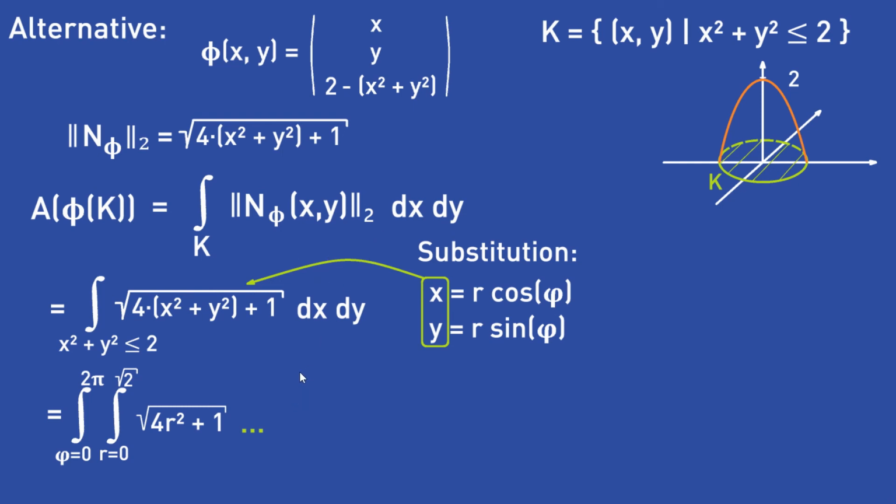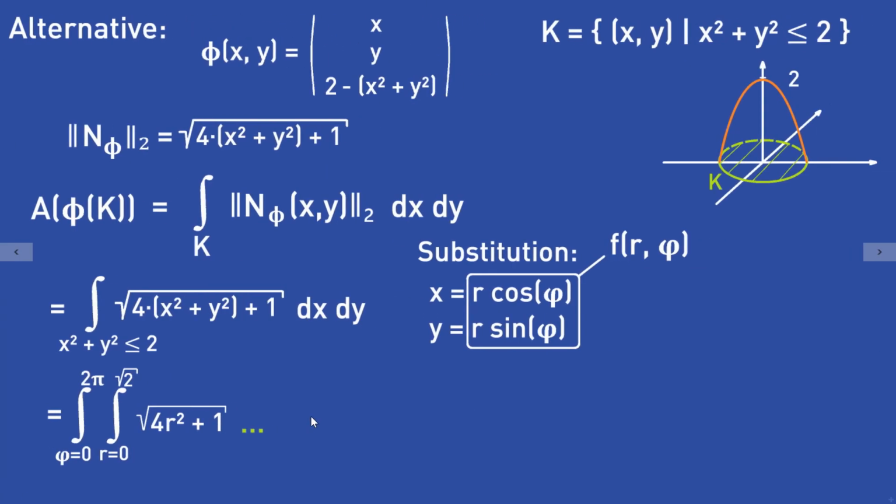But because you are changing variables inside of an integral, you have to use the transformation or substitution rule for integrals. That means that you have to multiply this result here, the square root of 4r squared plus 1, with a correction value.